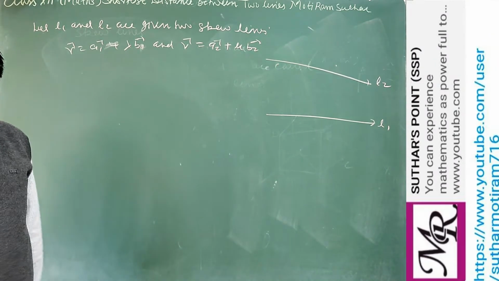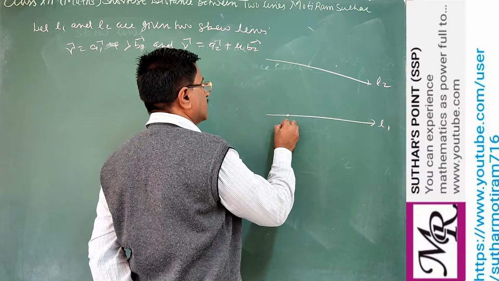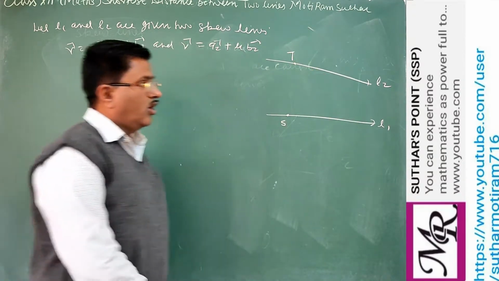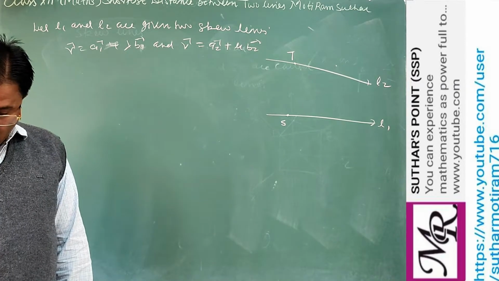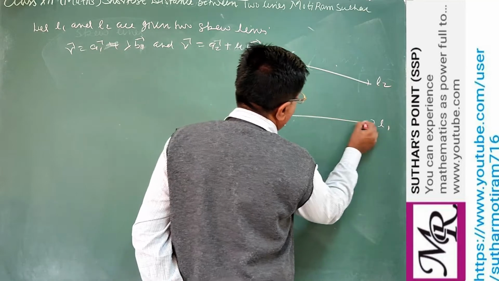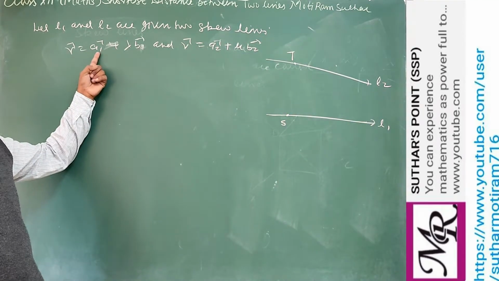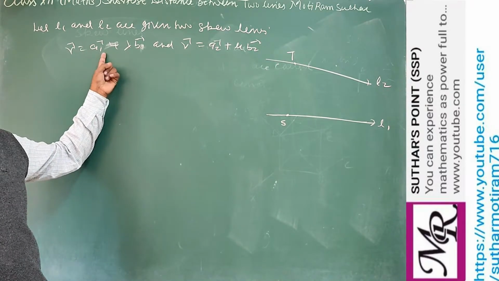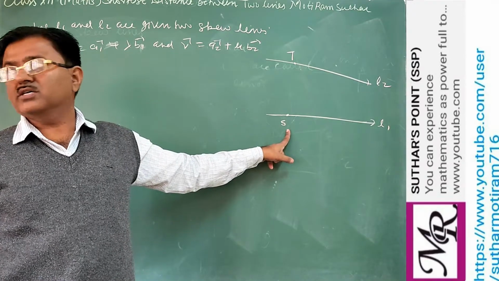Now take any point S on L1 and P on L2. These two points we take on the lines, and you know that if the equation of the line is given, then A1 vector is the position vector of the point through which the first line passes.